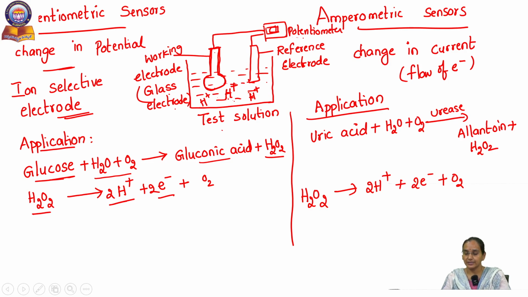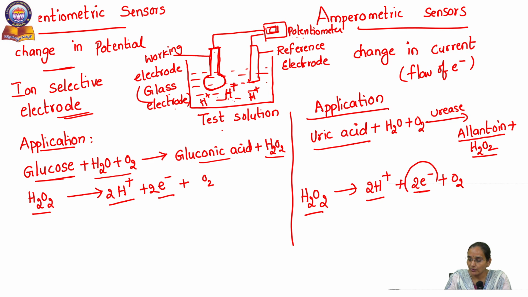for amperometric sensors, if we have taken a person's urine, we can calculate the concentration of uric acid in the sample. This uric acid, in the presence of urease enzyme, gives allantoin and hydrogen peroxide. This hydrogen peroxide again gives H+ ions and electrons.